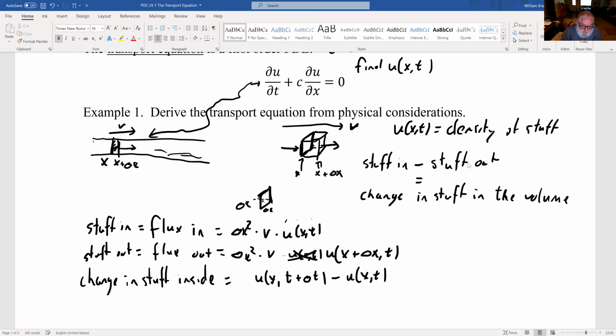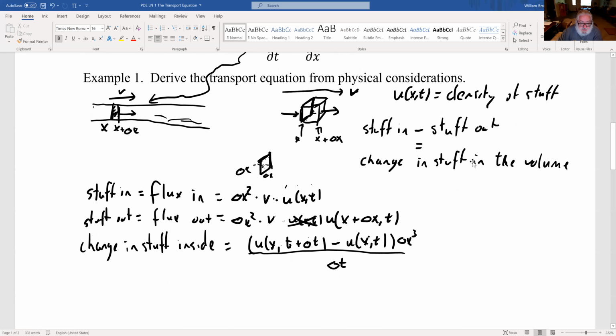So at a time a little in the future, minus how much is in there now, times delta x cubed per unit time. So what is this? This is a volume. This is the change in density. So volume times change in density gives you the change in mass. This is the mass flowing in. This is the mass flowing out. This is the change in the mass inside. And so we want all these things equal to each other.